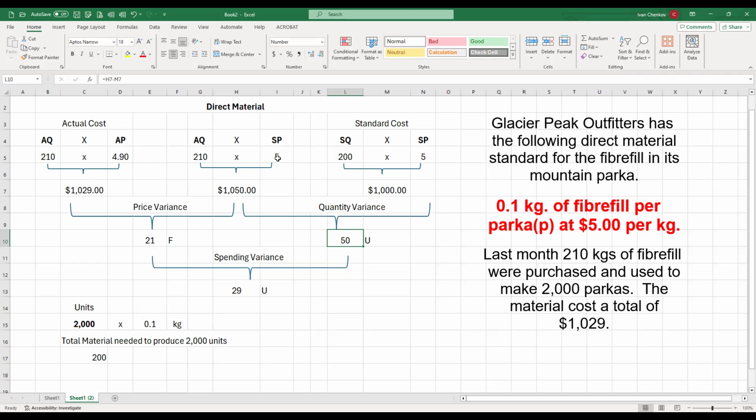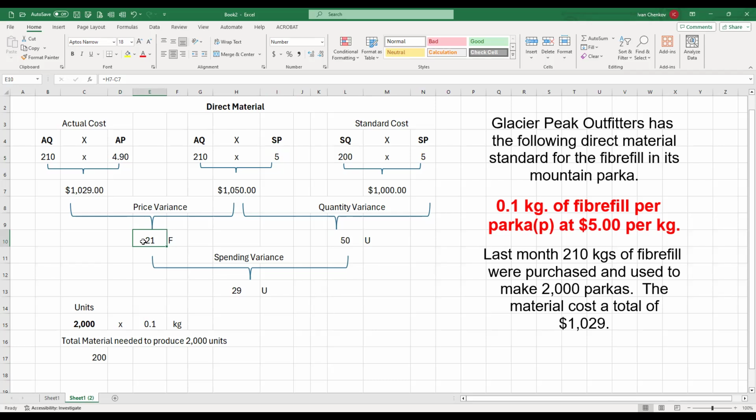What else happened? Based on our standards, we're supposed to spend $5 per kilogram, but in reality, we're spending $4.90. So basically, we save 10 cents per kilogram. That gives us a saving of $21.